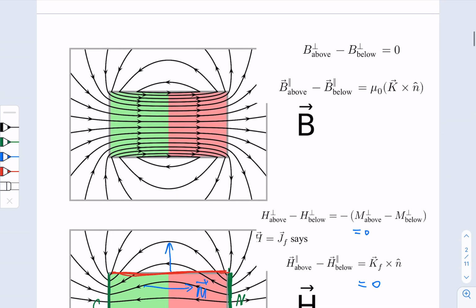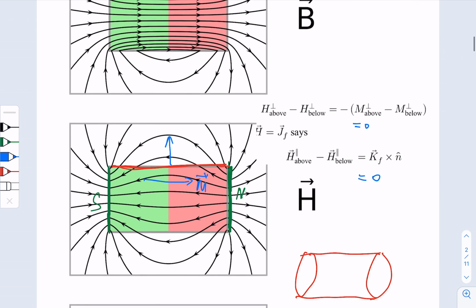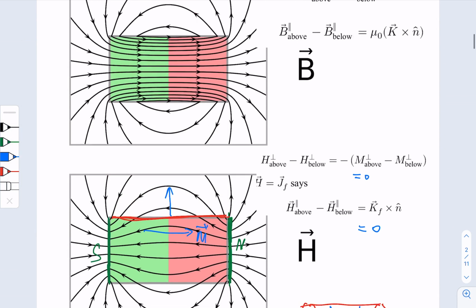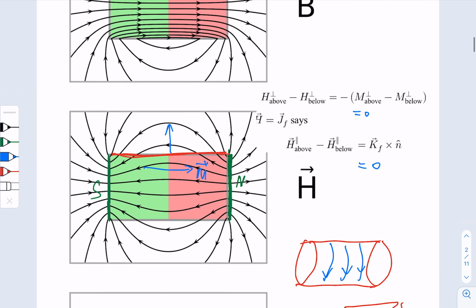Now let's go back to the magnetic field. For the magnetic field, the perpendicular direction is always 0, however, in the parallel direction, the K free changes to K. We have already learned that for a solenoid, if we consider a cylinder, there is a surface current flowing along this side.